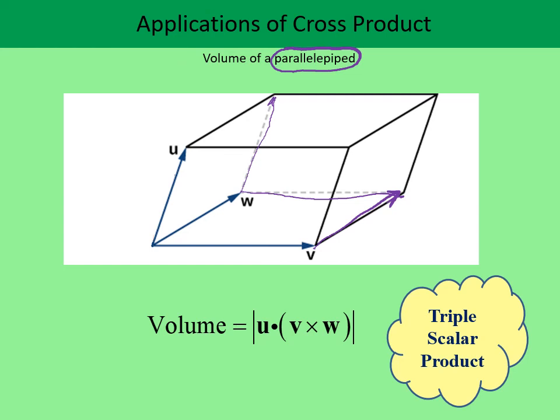We can find the volume of that three-dimensional figure using the triple scalar product, u dot v cross w. Now, this could come out positive or negative, so we will be doing the absolute value since we don't care whether it's positive or negative. Volume will always be positive.